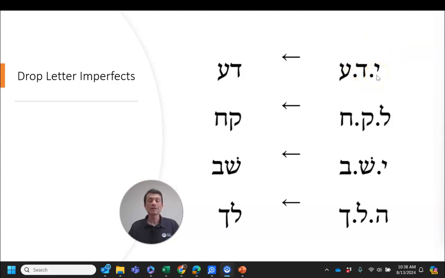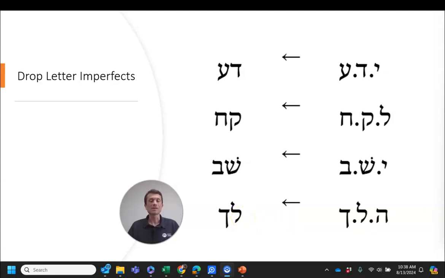In the imperfect, that first yod disappears, it drops, and you're left with dalet ayin as the root. Or lakach, that's a first lamed root. There are a number of first lamed roots that when they're inflected as an imperfect, they lose the first lamed. Yashav, similar thing here. Another first yod root, you lose it. It's sheen bet that are the only two roots left, and the same with halak.